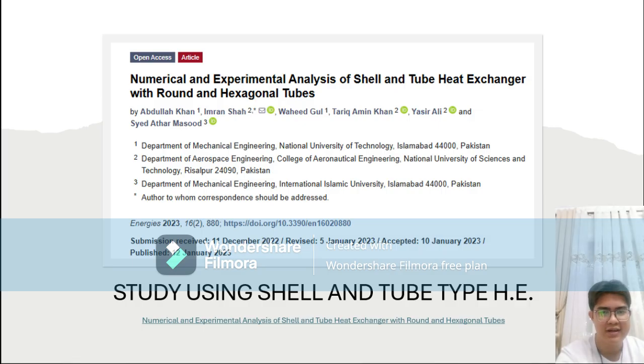Unlike plate type heat exchangers, where research is in a direction of changing the fluid composition going in, research in shell and tube heat exchangers seems to be taking the direction of changing the tube geometry inside the shell.